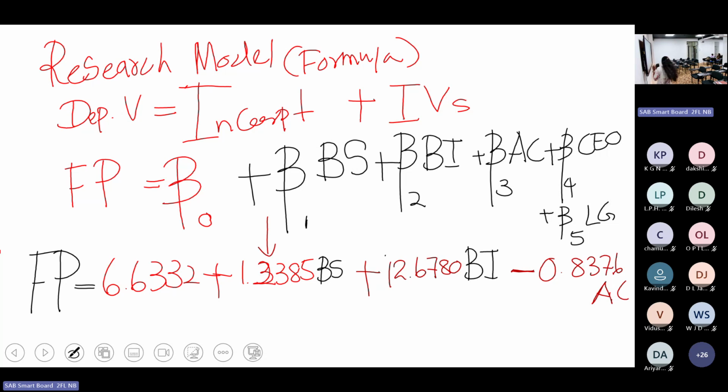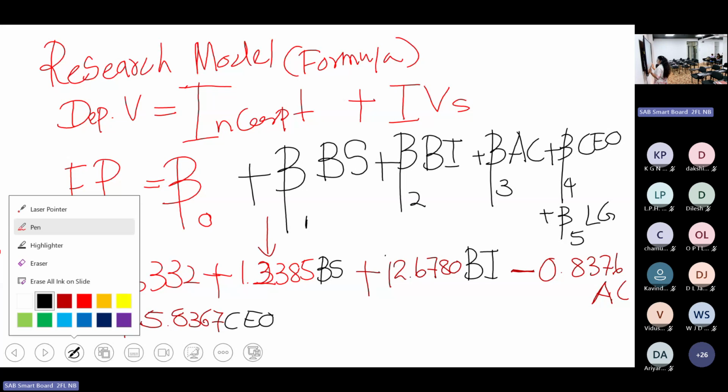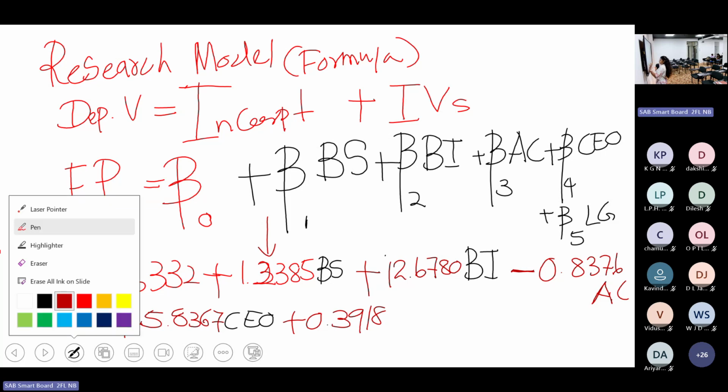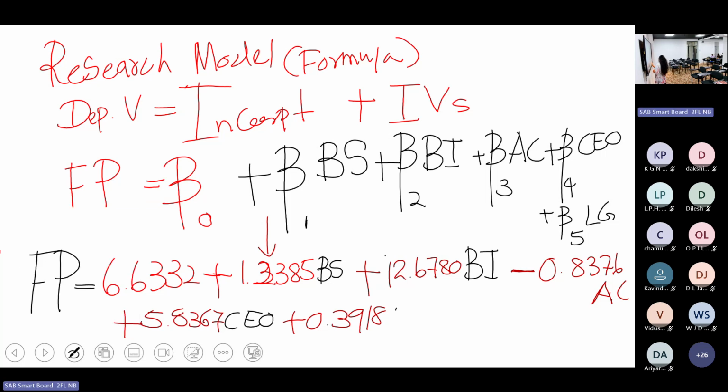Last two, plus, keeping the CEO duality constant, 0.3918. Write down the formula.